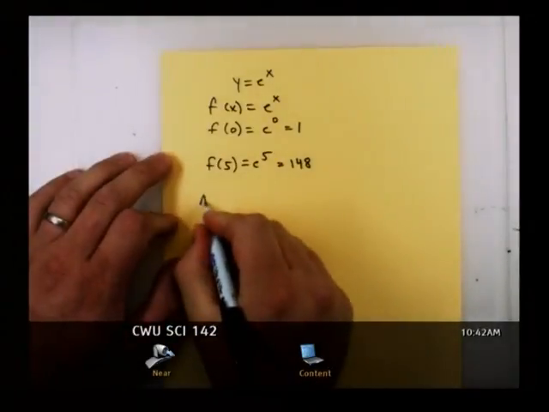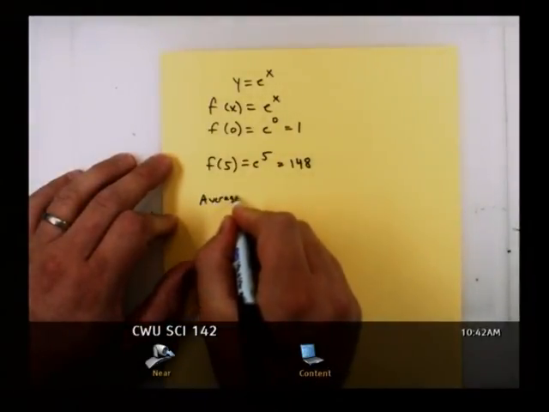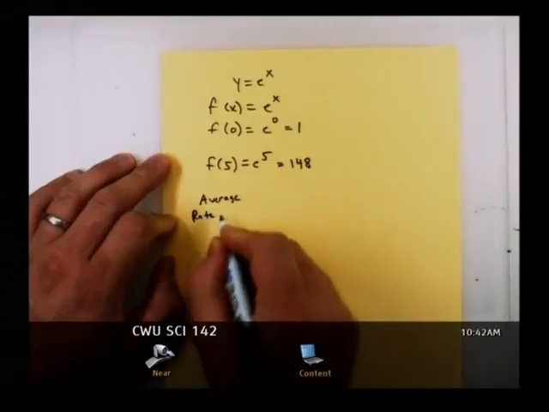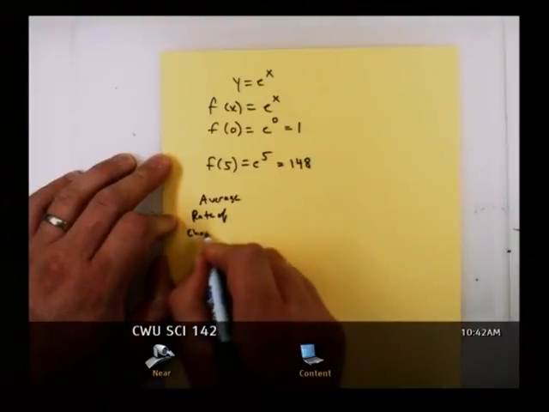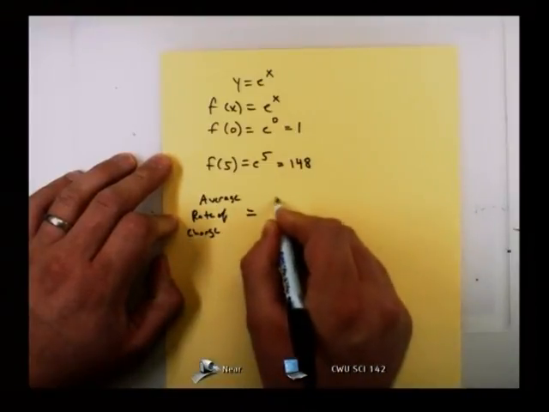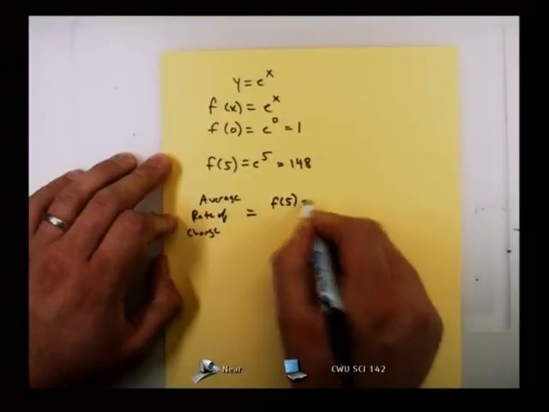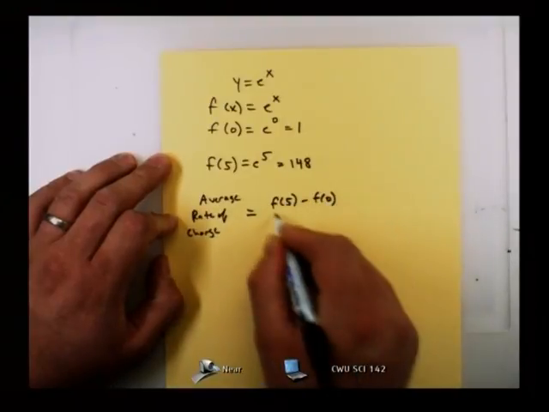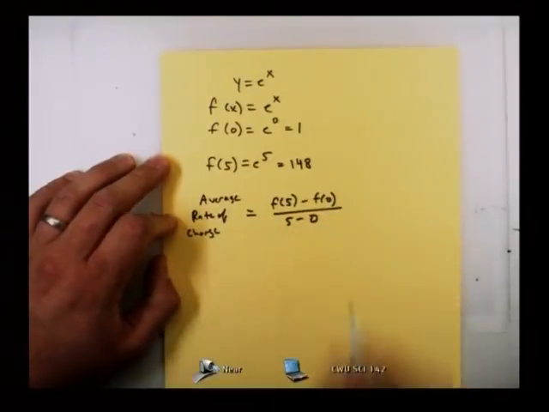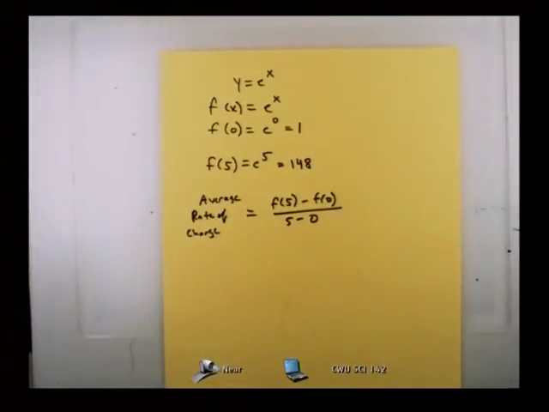So our average rate of change is equal to the number of bacteria we had at 5 seconds minus the number of bacteria at 0, over 5 minus 0. That's our interval, that's how long it took.